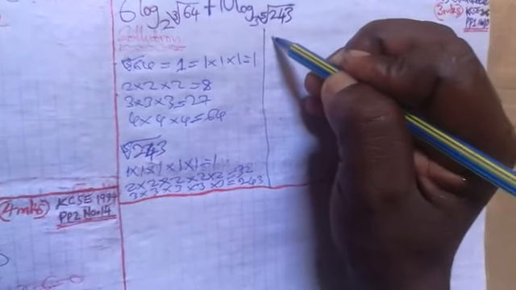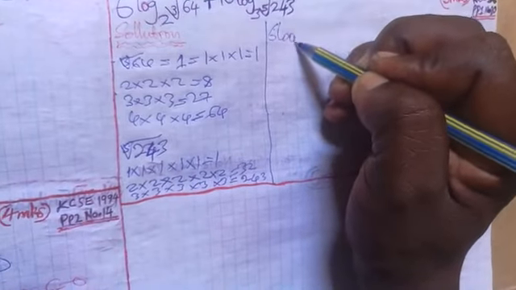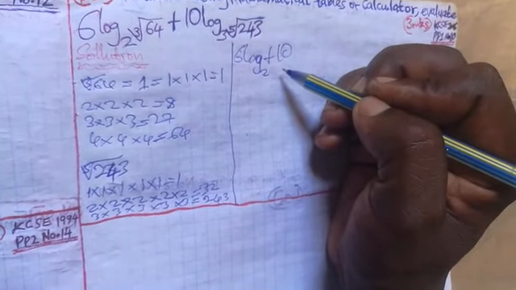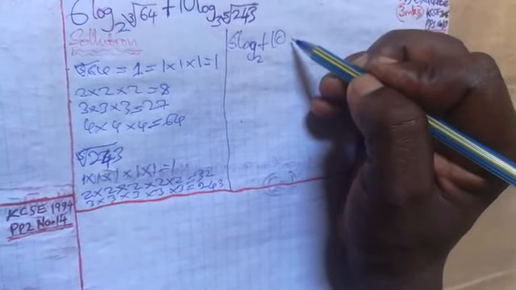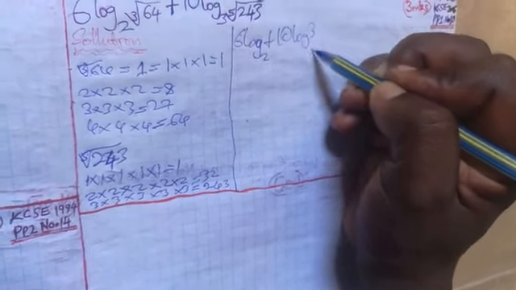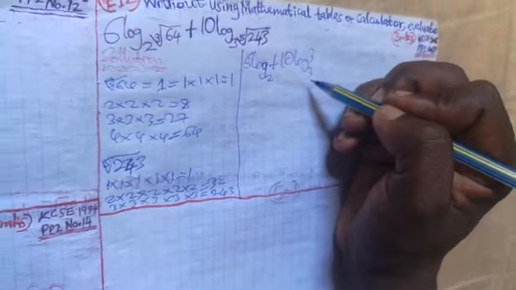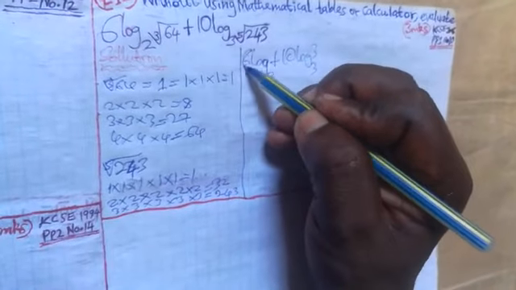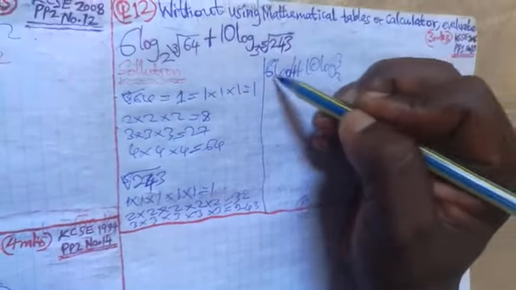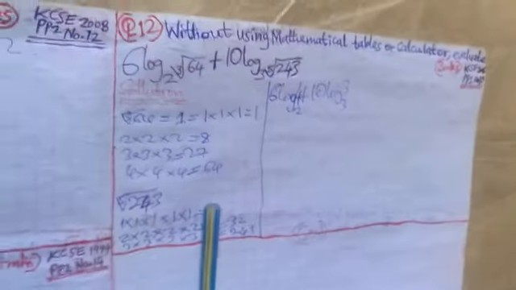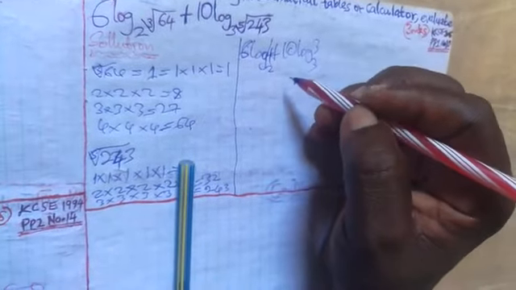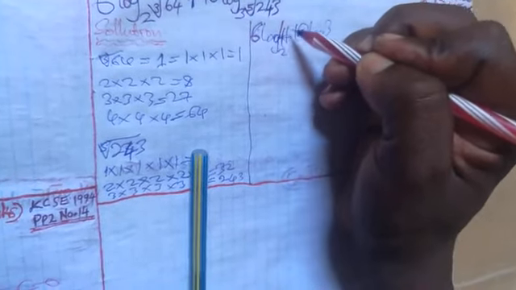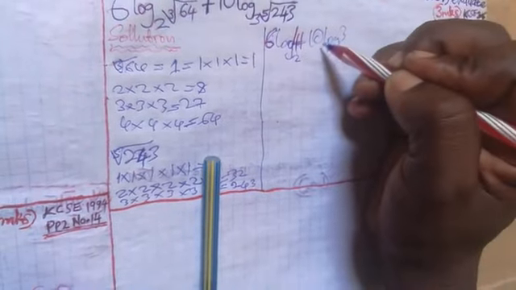Therefore, we have 6 log 4 base 2 plus 10 log 3 base 3, because these two numbers represent the roots.